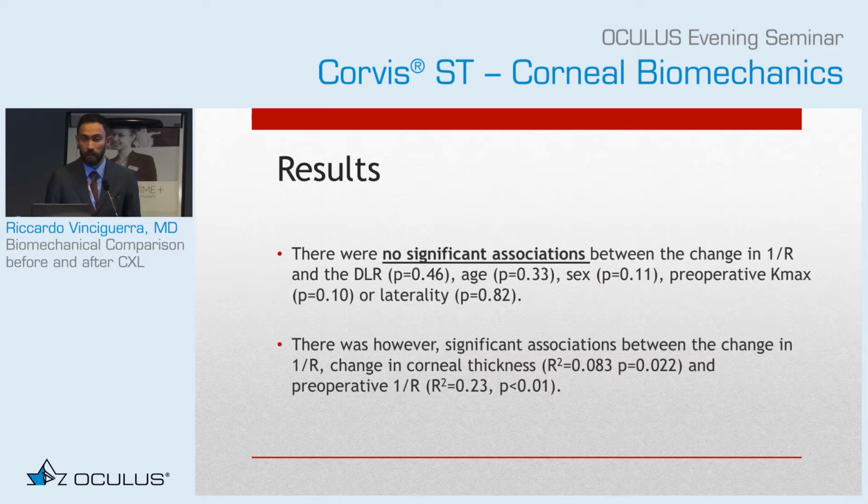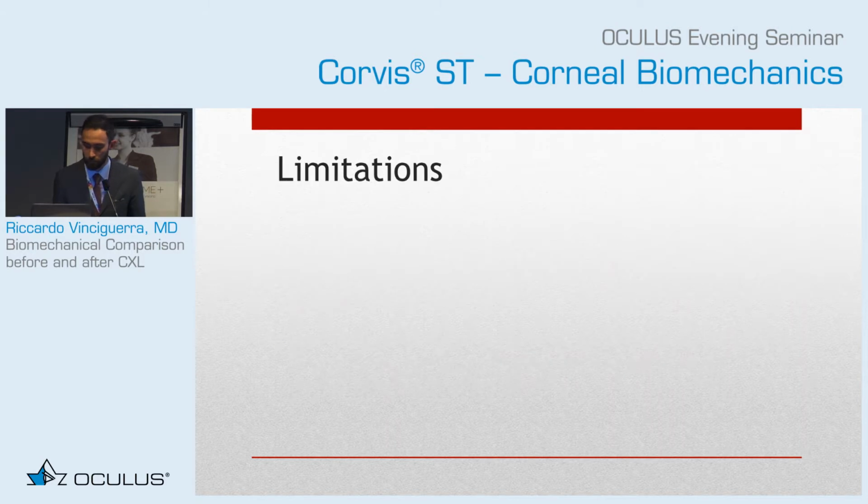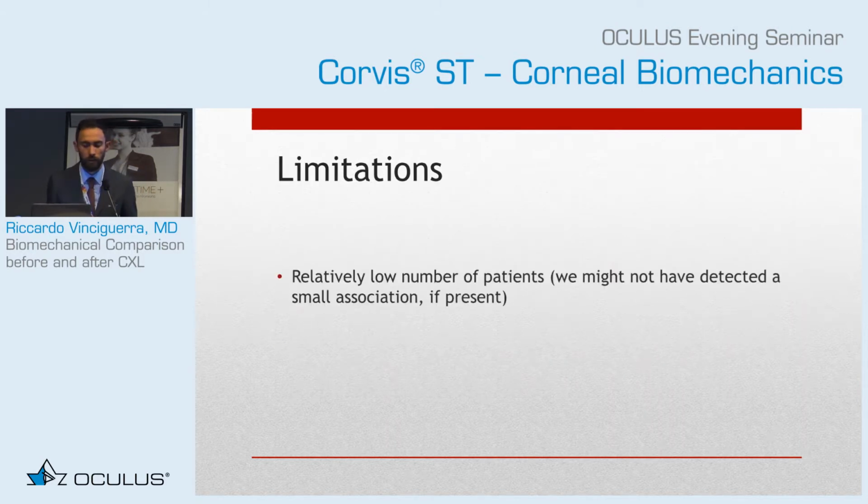But, and this made sense, if the cornea is soft pre-op, you would expect it to get stiffer post-op. If it is already stiffish or not very soft, you would expect it to get stiffer, but not that much, which does make sense, and we have seen this in the study. We have acknowledged the limitations of this study.